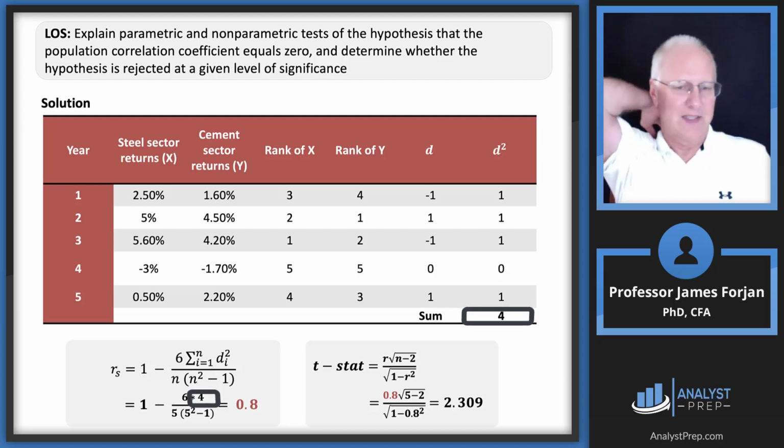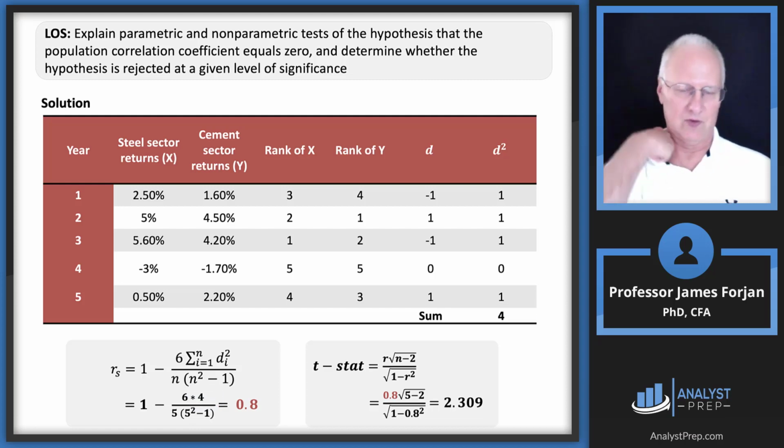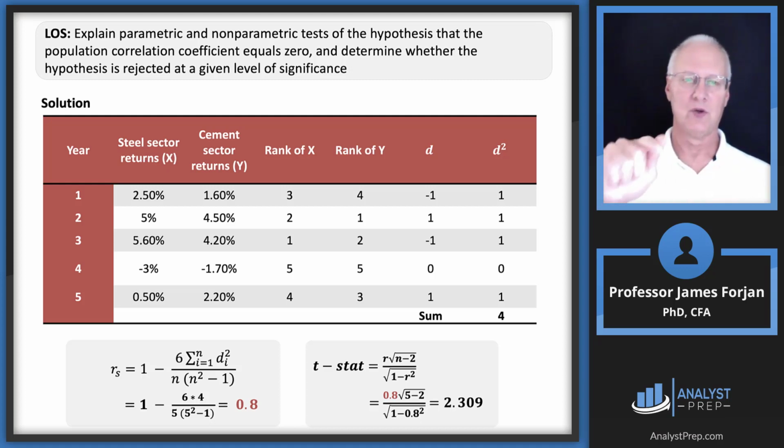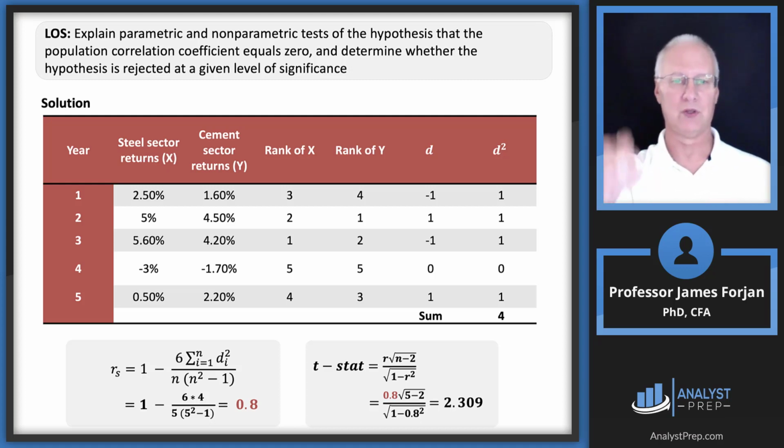And by the way, that 6 really exists to remove the reliance on the number of observations, 5 here, and also to link it to the ranking, the 1, 2, 3, 4, 5. I wouldn't worry about that at all. Just remember that it's 6. And you get 0.8, right? So there's our Spearman's rank correlation coefficient.